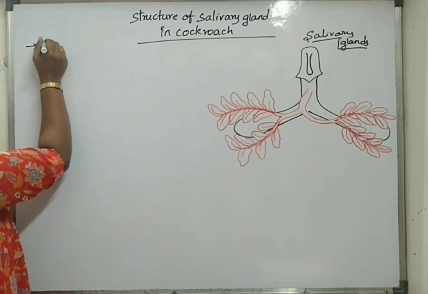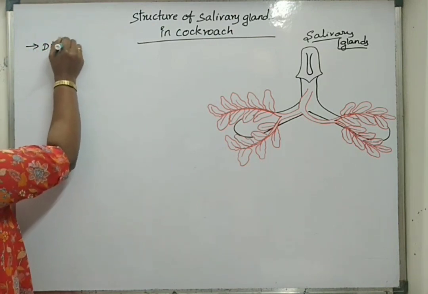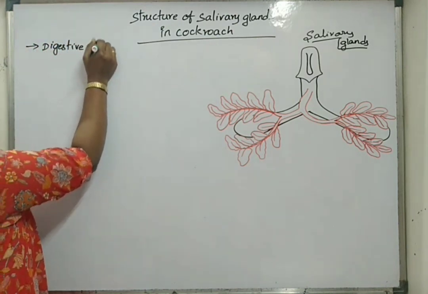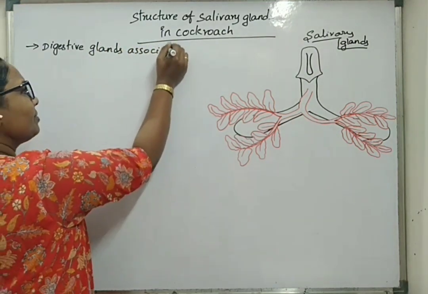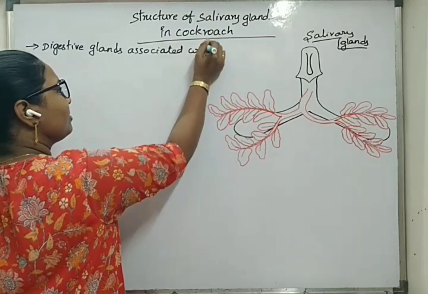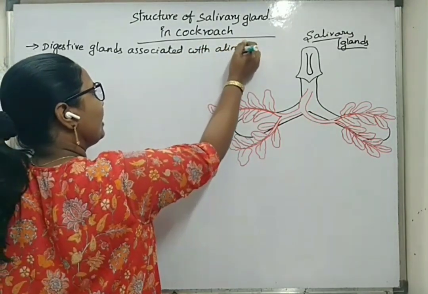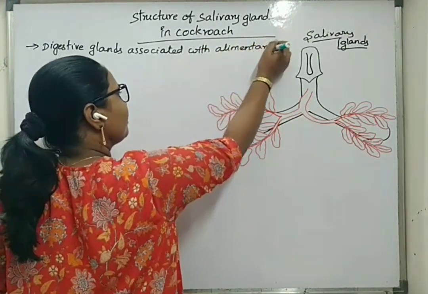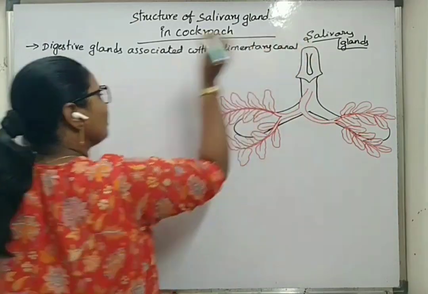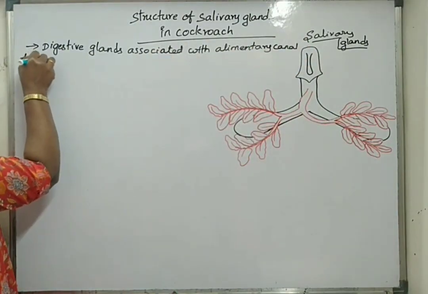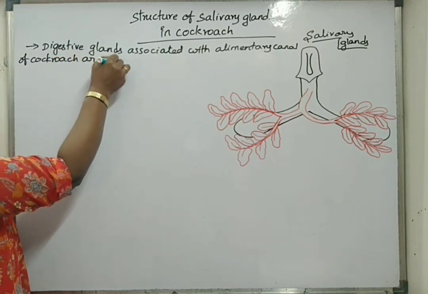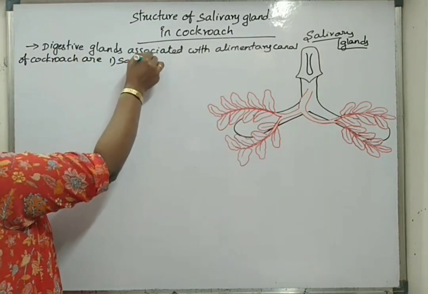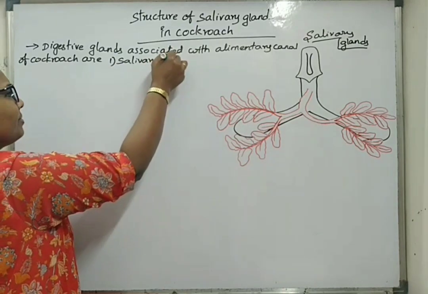You'll write that point also. Digestive glands associated with alimentary canal of cockroach are first one, salivary glands.